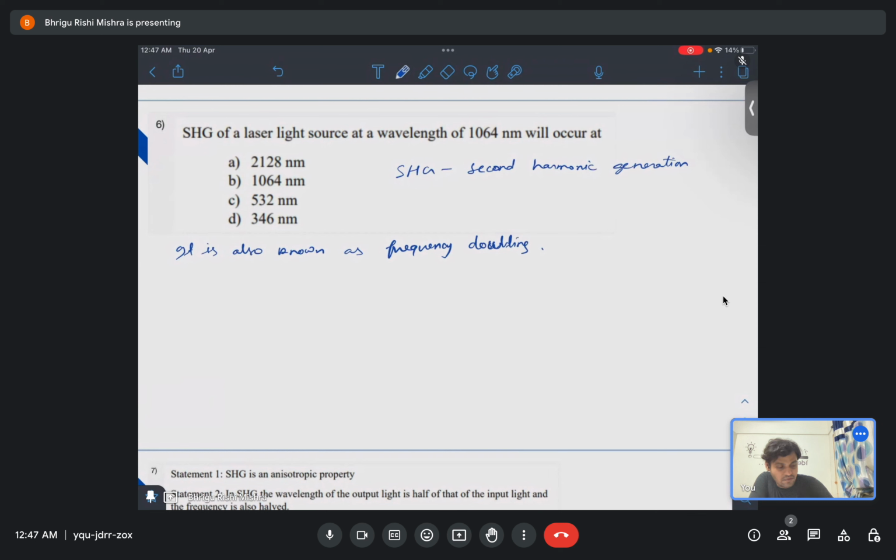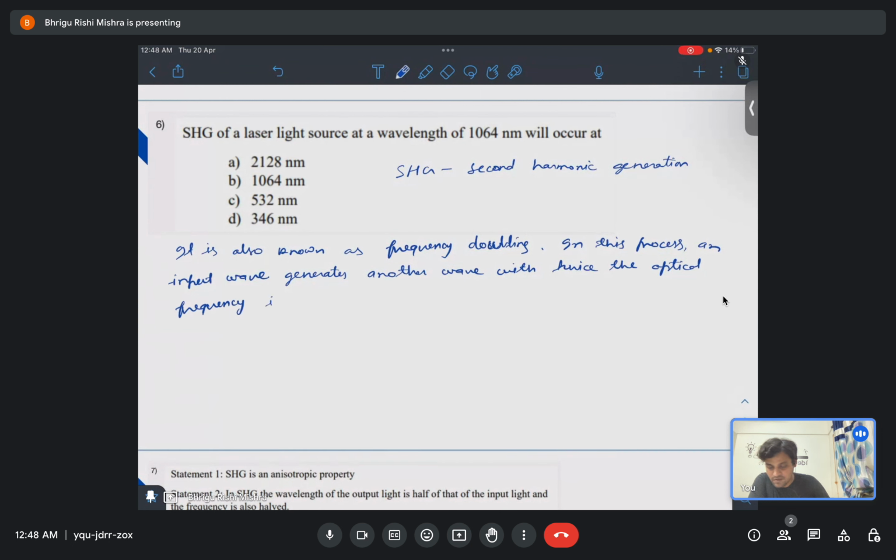So in this process an input wave generates another wave with twice the optical frequency in the medium.